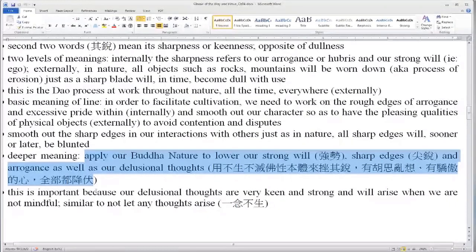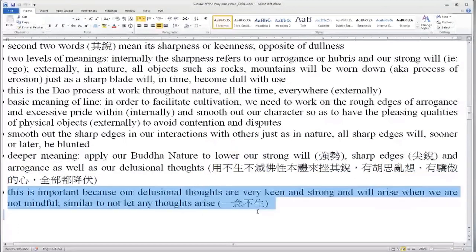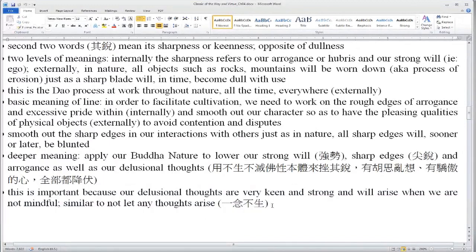Because delusional thoughts are very strong, very keen, and are wise when we're not mindful of it. It's like people say, oh, you have a very strong will, strong character. Once that starts, this is similar to watching our thoughts or controlling our thoughts.